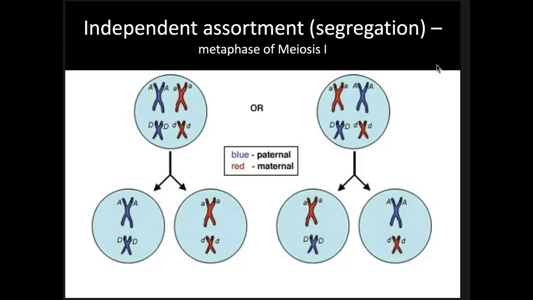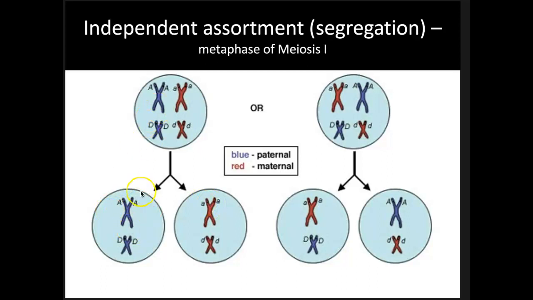And this arrangement determines which chromosomes are going to be packaged together later on down the line when those single-stranded haploid daughter cells are eventually created. And so there can be a number of combinations with the way in which the chromosomes are arranged during metaphase 1. So this little example kind of explains it, right?